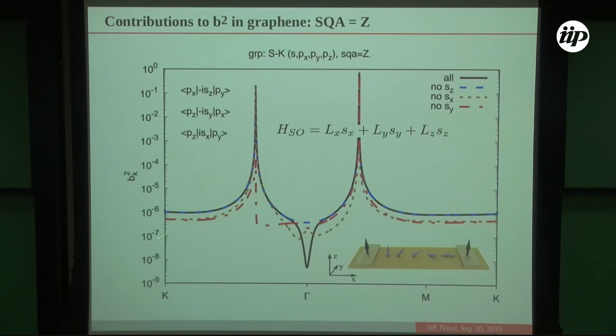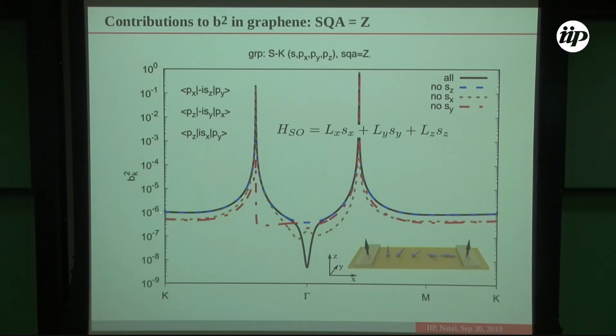And what those lines correspond to: here the black label "all" means that all those matrix elements for the spin-orbit coupling are taken into account, and I'm switching off the individual contributions here. So when it's written "no SZ", it means that this term is switched off from the Hamiltonian. If it says "no SX", it means that this term is switched off, and so on and so forth.